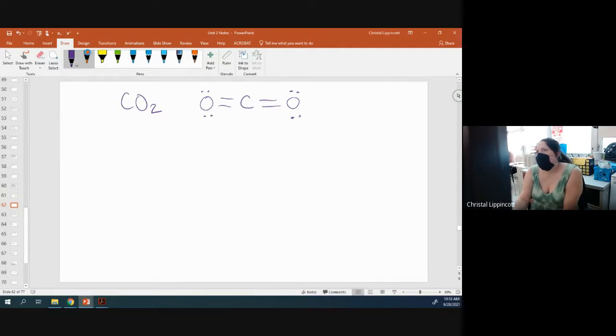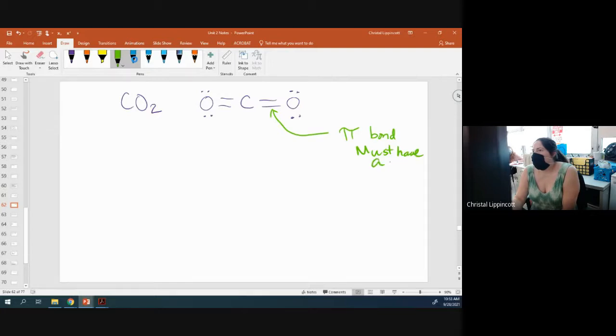My carbon is in the middle. When we have these double bonds here, we can't have sigma bonds there and we can't hybridize. We have to have what's called a pi bond here. Just like in math, it's the same idea. Pi bond. This must have a p orbital.